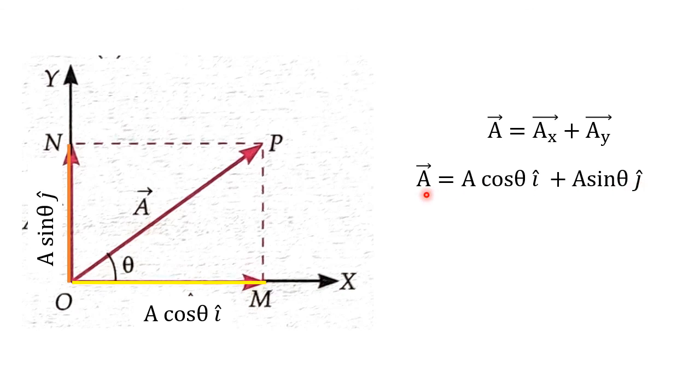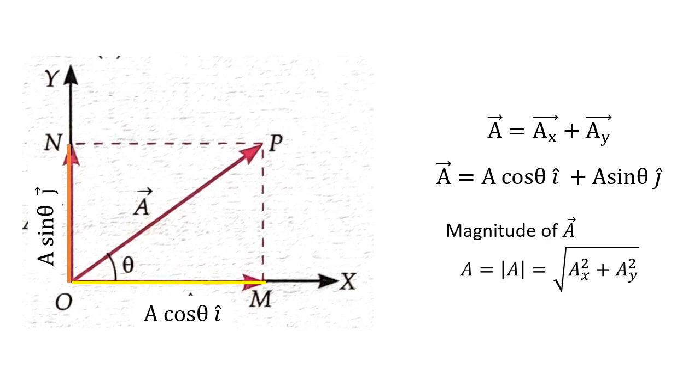Therefore, my vector A can be written as A cos theta i cap plus A sine theta j cap. Now, what will be the magnitude of A? The magnitude of A, which I can simply write as A or mod of A, will be the square root of AX square plus AY square.